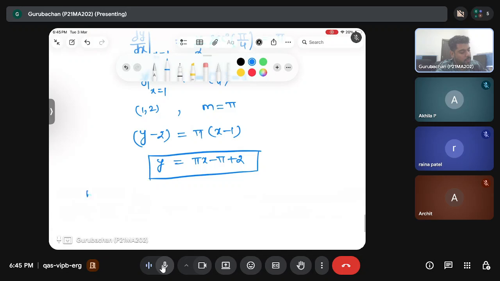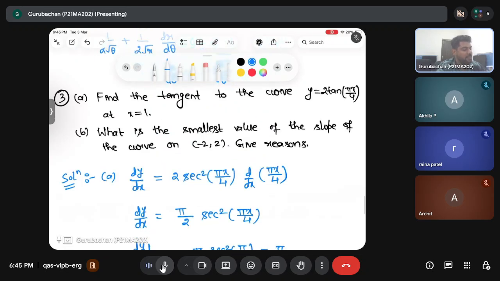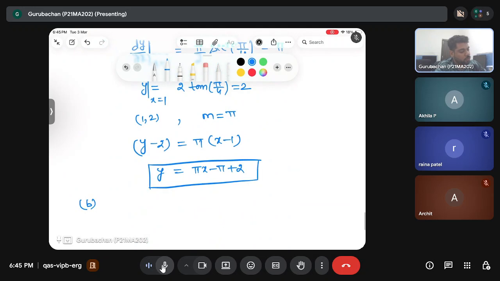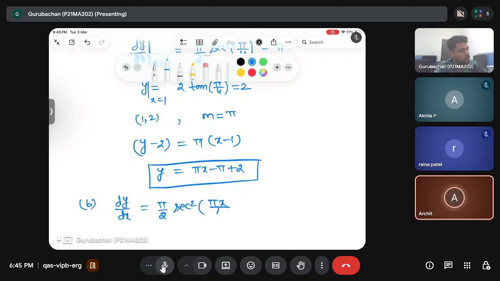Now in the next part, you have been asked what is the smallest value of the slope in the interval. So this is the interval. So let me write it on the interval. You have been given the range, or you can say the domain of x. So what was your dy by dx? It was pi by 2 into sec square of pi x by 4.